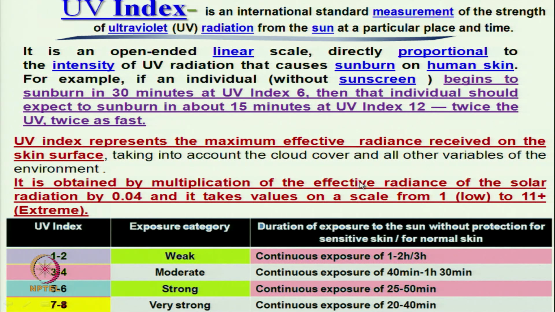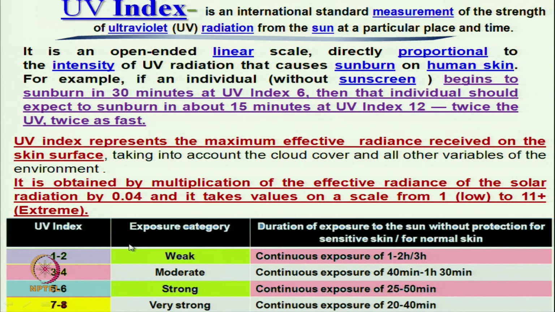That is why we divide by 25, otherwise the value will be very high. That is the standard. We can also use total radiation coming into the body, but to have the scale from 1 to 11 or 1 to 15, we have to divide by 25.